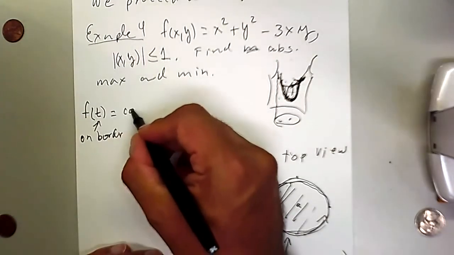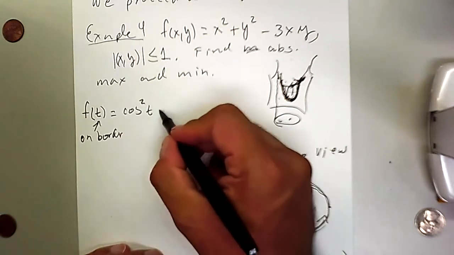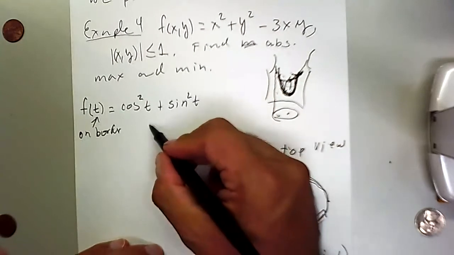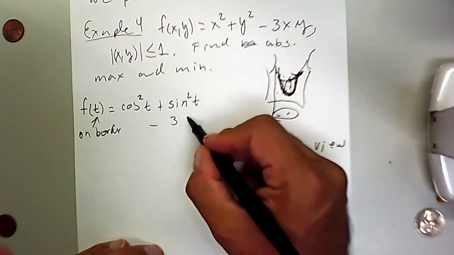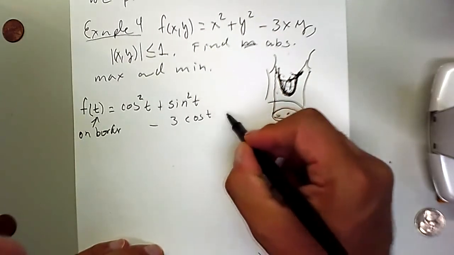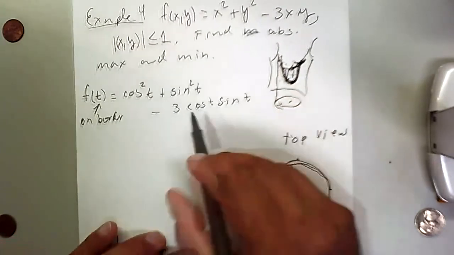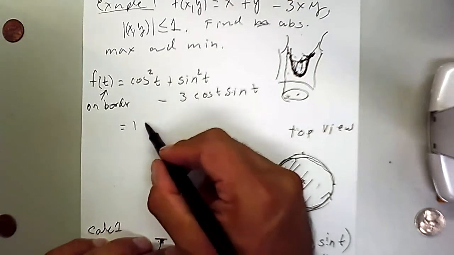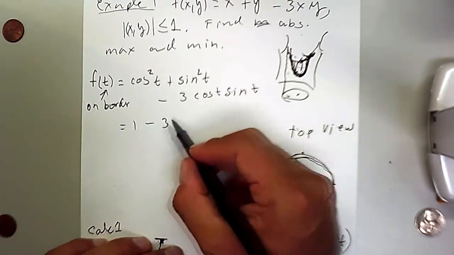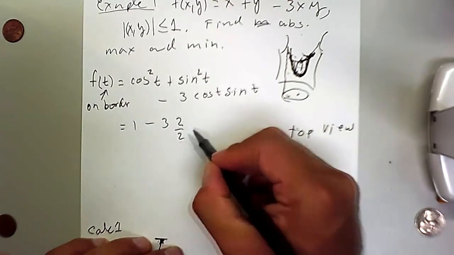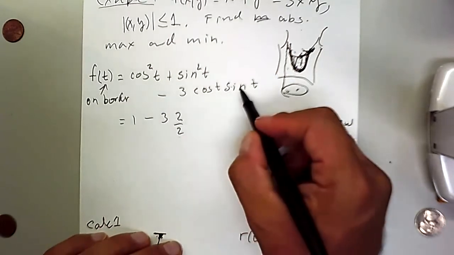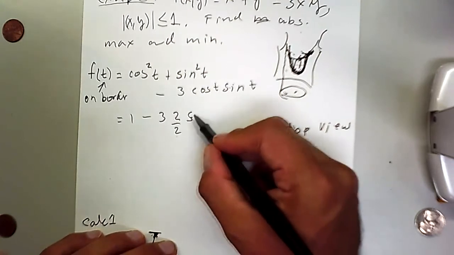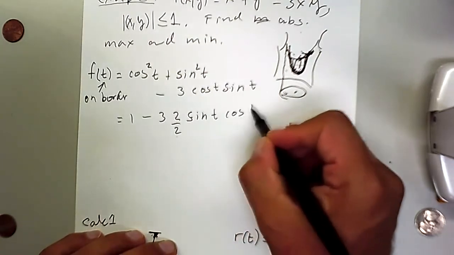So we're going to have cosine squared t plus sine squared t minus 3 times cosine t sine t. Of course, cosine squared plus sine squared is going to be 1 minus 3, and I'm going to multiply by 2 and divide by 2. I'm going to switch the sign. This is a multiplication, so commutative property applies. So we have sine of t, cosine of t.